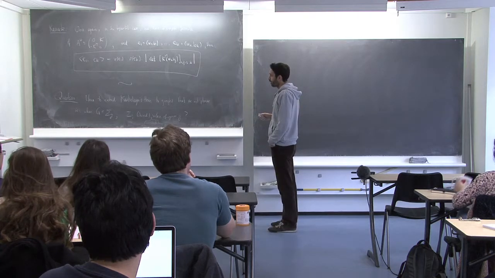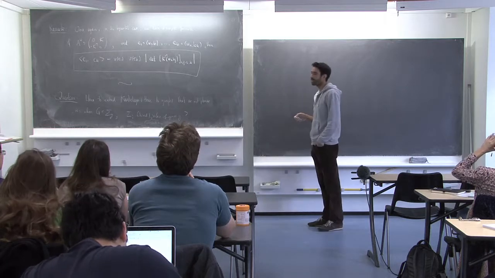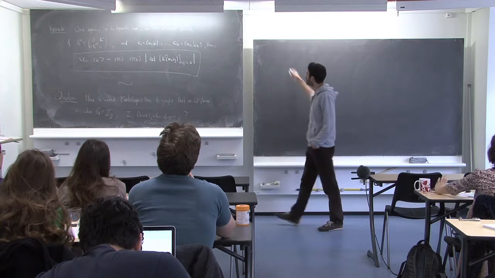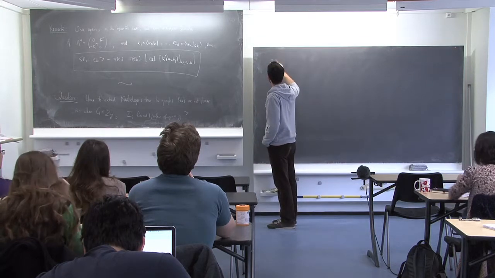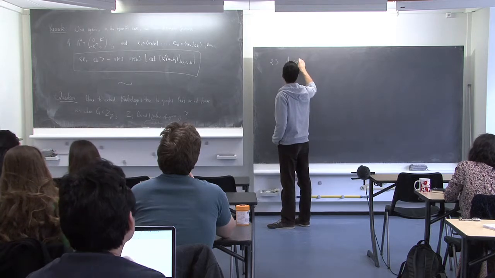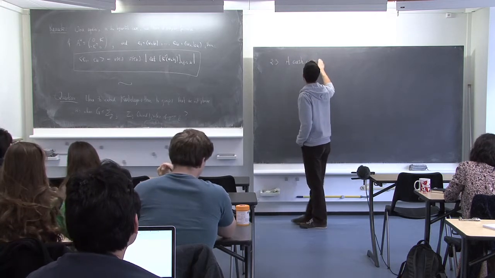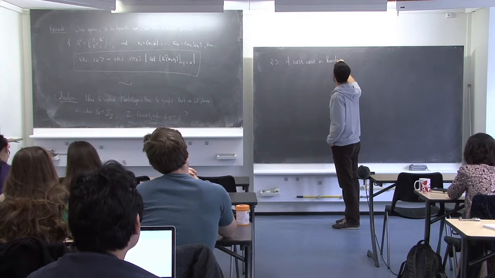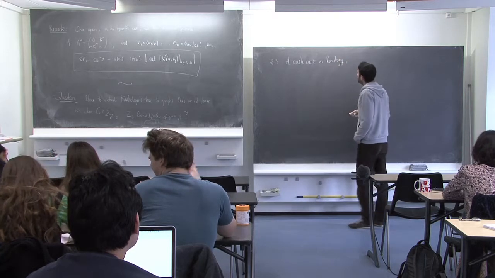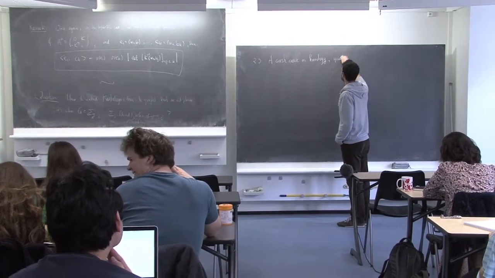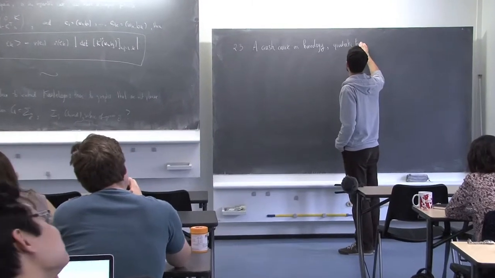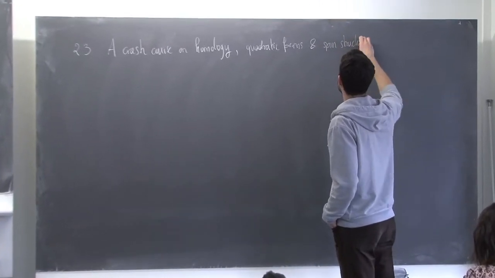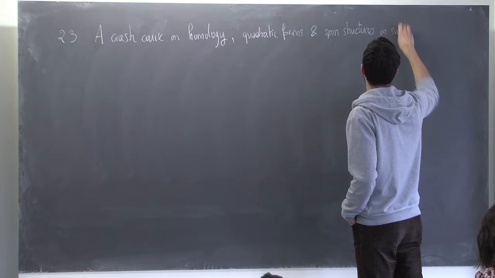So the problem is, of course, that it will use these tools, and I need to explain these tools to you now. And so this is what I'm going to do. It's paragraph 2.3, and I denoted it a crash course on, so there are 3 tools, so to speak: homology, quadratic forms, and spin structures on surfaces.